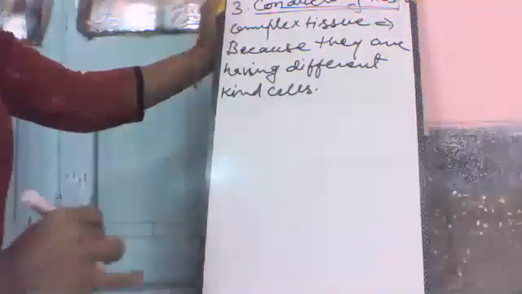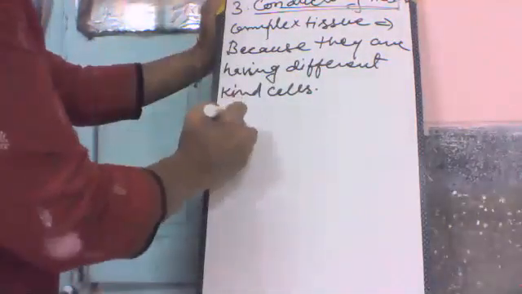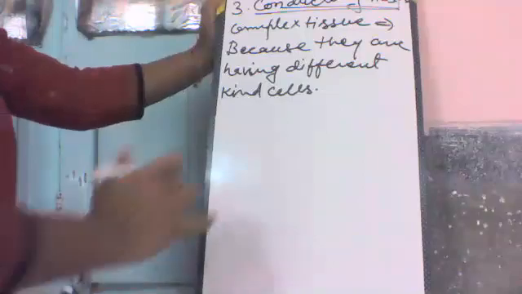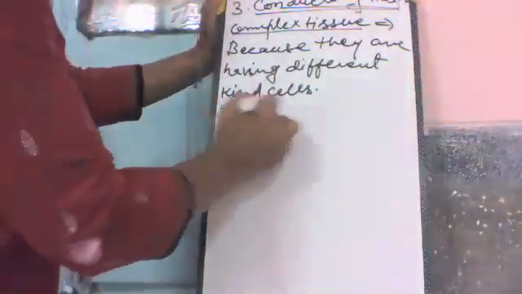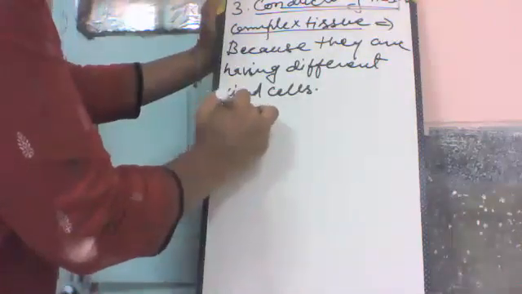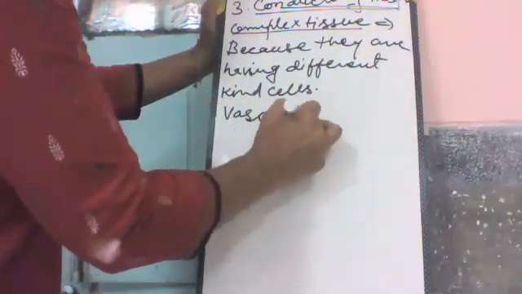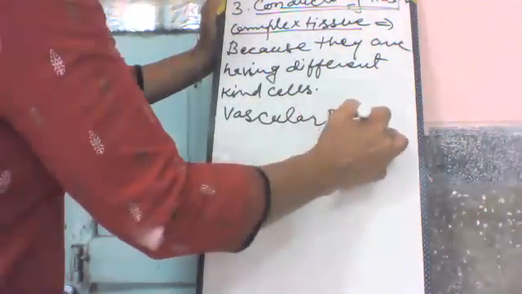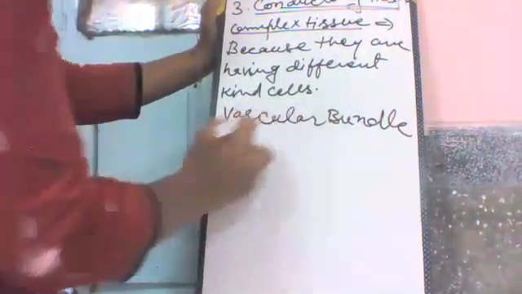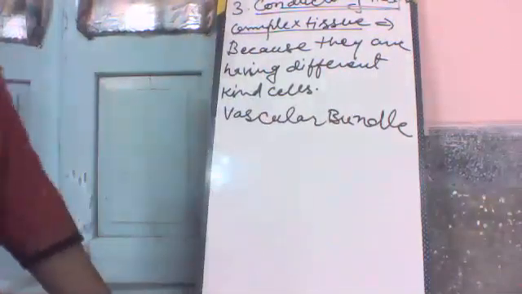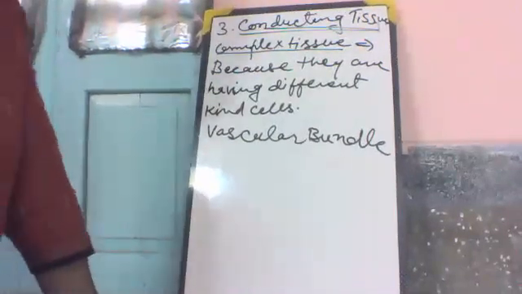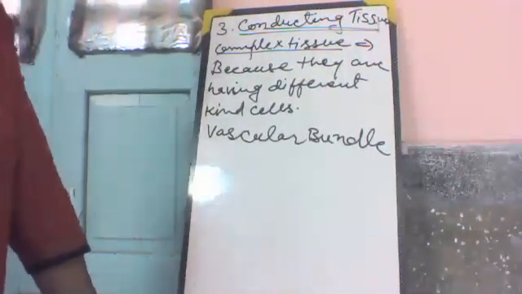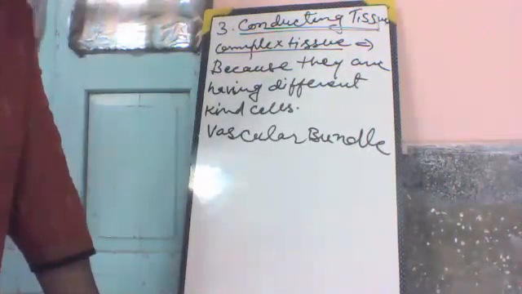They are known as complex tissue, conducting tissue, and vascular bundle. All are the same: conductive tissue, complex tissue, and another name of this tissue is vascular bundle. These tissues are complex in nature because they have different kinds of cells.